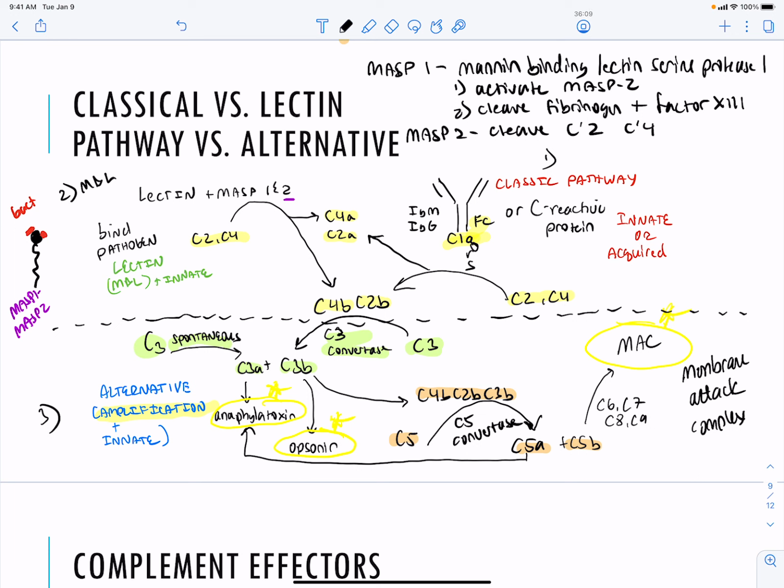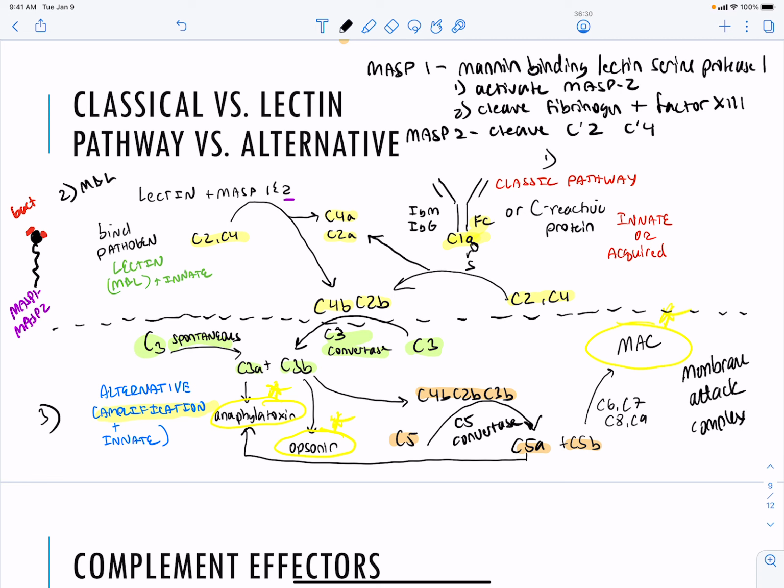C4a, some people will say, is a little bit of an anaphylatoxin, but not very much. It's really everything below that line that you want to get to. So if you have any defects below the line, you're going to have defects in complement. You might still be able to have the alternative pathway as long as the defect isn't in C3, of course. But just keep that in mind.